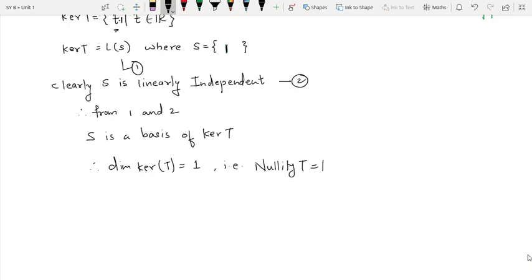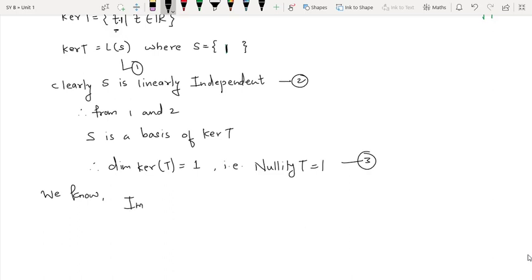Okay. So now we'll go for what? Image, right? So we know, I'll call it as 3. Now you can guess what should be the dimension of image of T. It should be 4, right? Because our dimension of domain in this case is 5, since it is P4 of X.